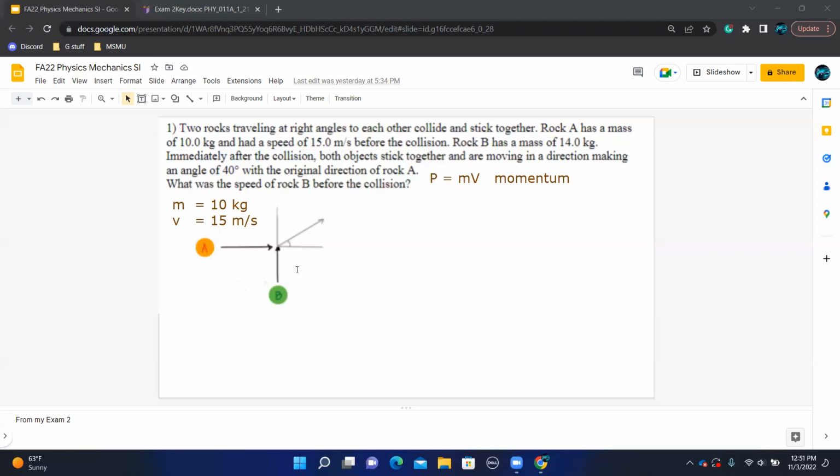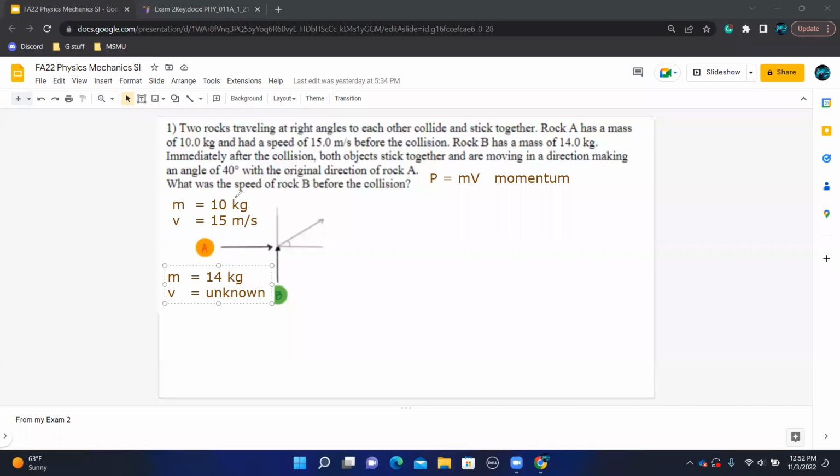Mass of the rock B, so MB is 14. Velocity of that same rock is unknown.